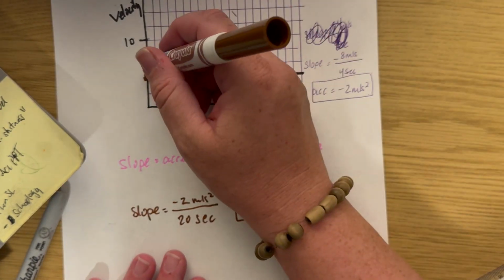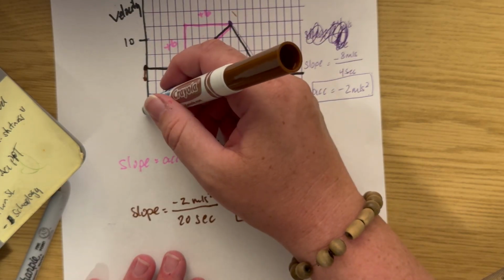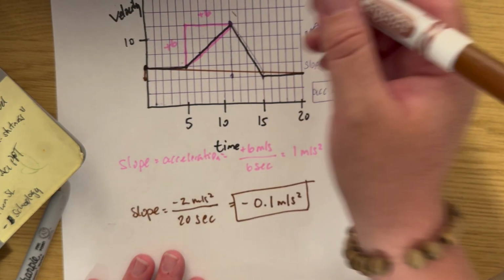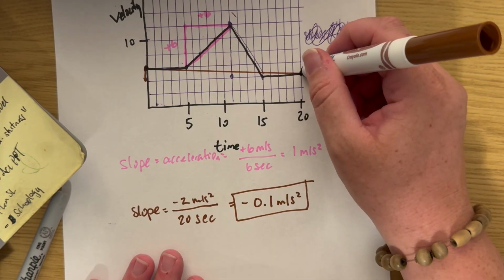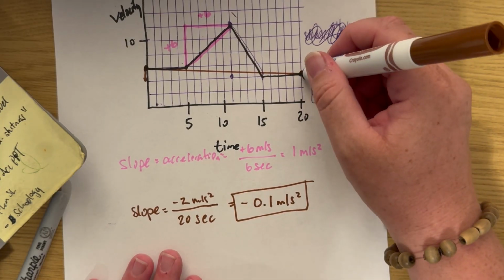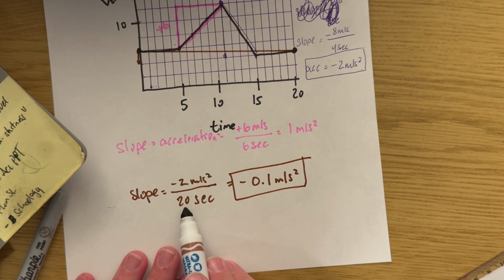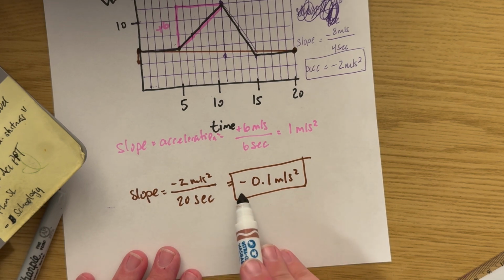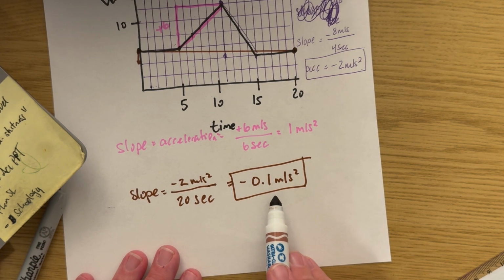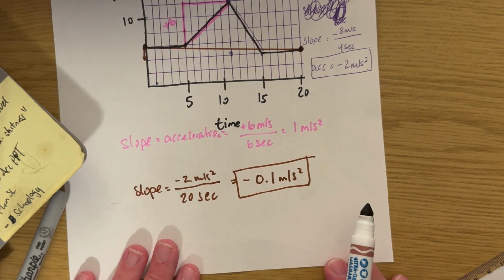In this case, we use this point here at 0 seconds, so 6. At 20 seconds, it was at 4, so our rise was a negative 2, and that happened over 20 seconds on average. And so it has an overall, average acceleration of negative 0.1 meters per second squared.